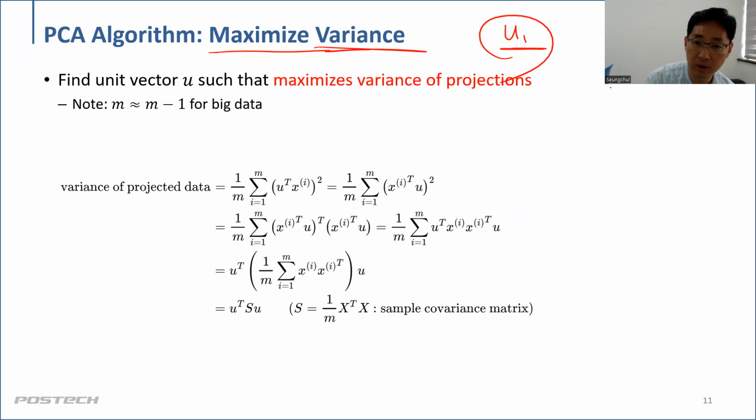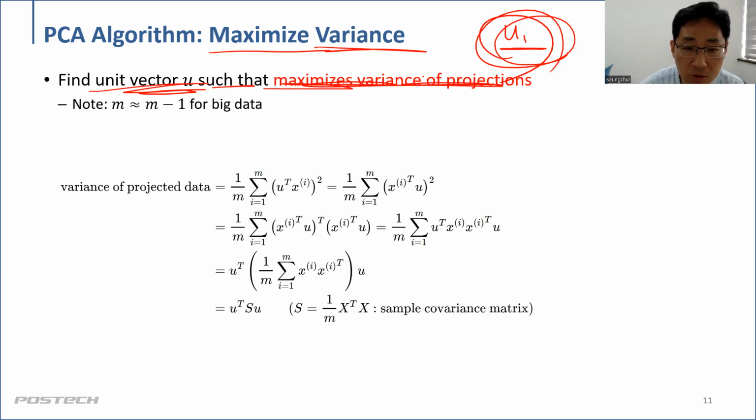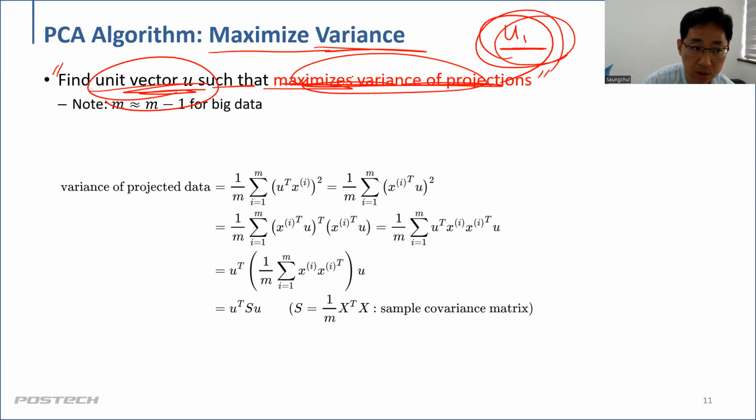So find the unit vector such that it maximizes the variance of projections. I guess this is the objective function or optimization problem that you have to define. Remember that this is the decision variable, and this is the objective function.